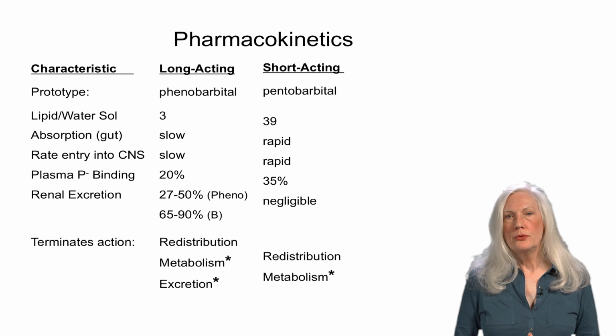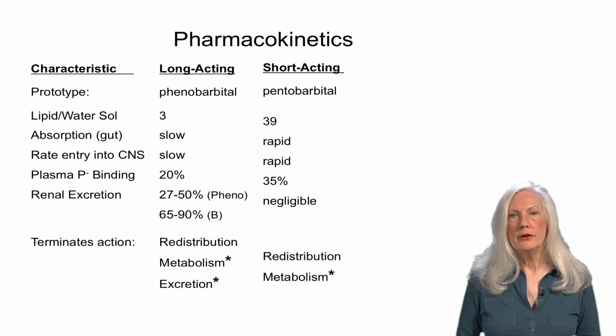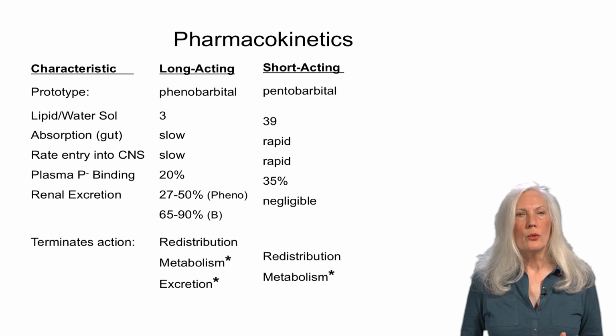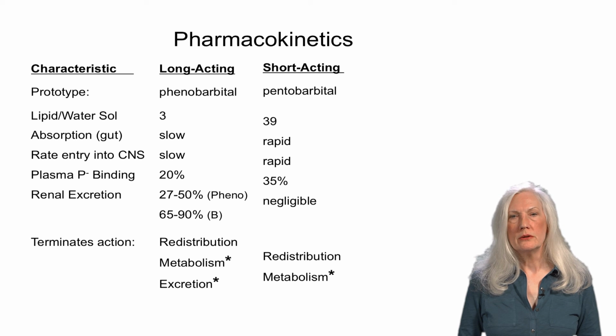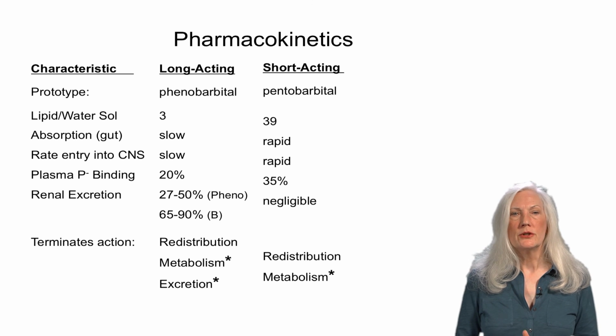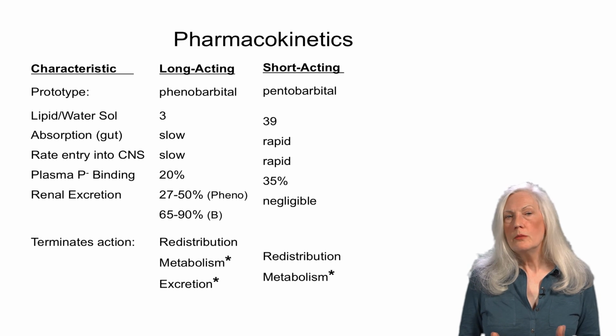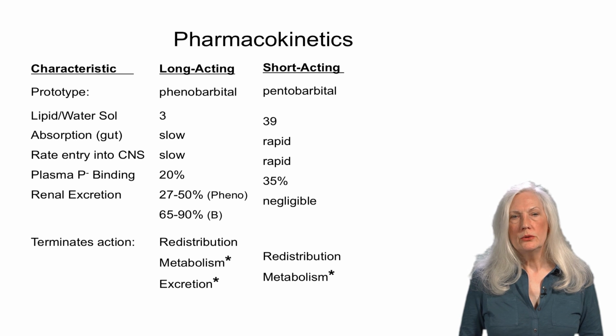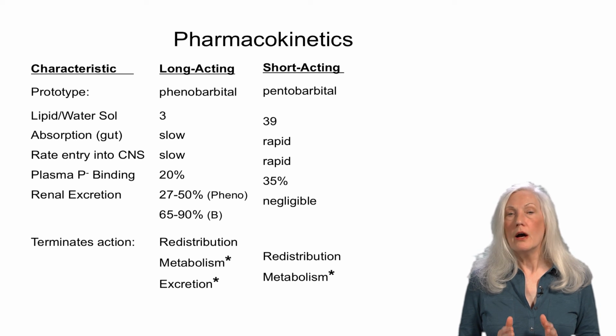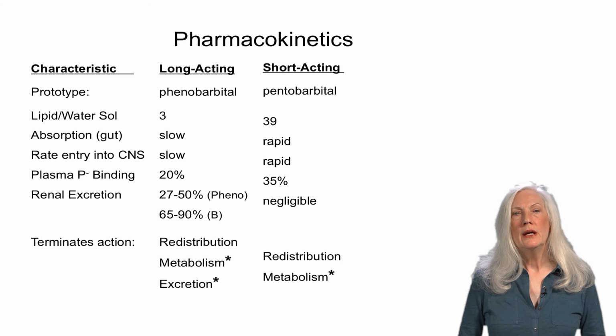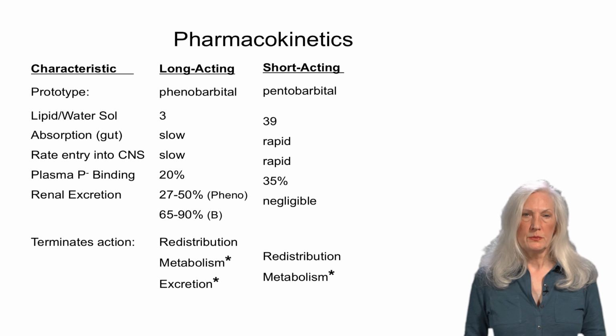It can pass through the lipid bilayers, so it passes the blood-brain barrier into the CNS more readily. And it has a higher binding to plasma proteins, creating a reservoir of drug in the circulation. And hardly any of it is excreted as is. It's almost completely reabsorbed in the kidney tubules, so the termination of its anesthetic action is based primarily on its metabolism.